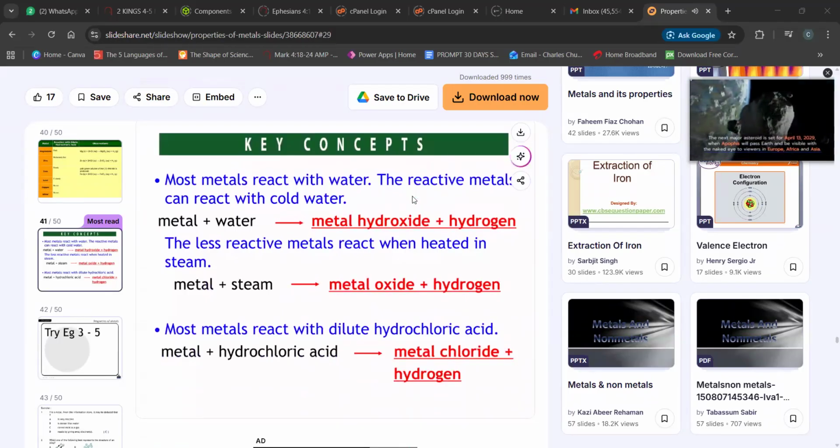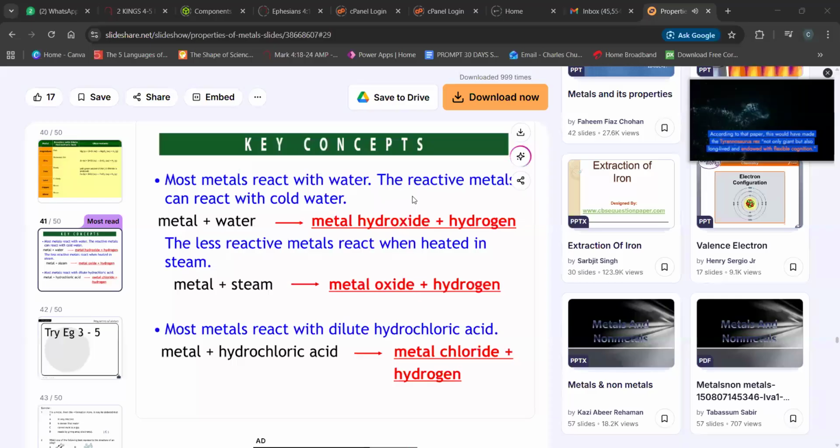Here we have the key concepts that we have discussed so far. Like I said, not all the time, but most of the time, when a metal reacts with water, you have a metal hydroxide plus hydrogen. The less reactive metals react when heated in steam.